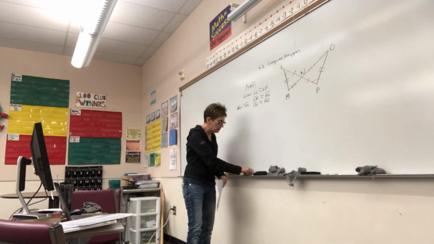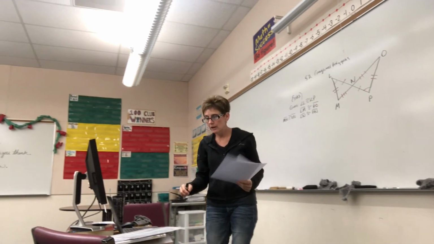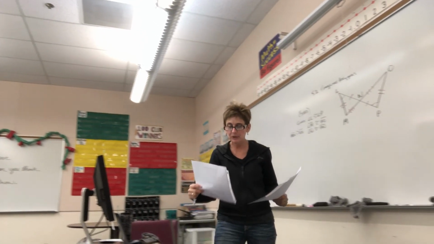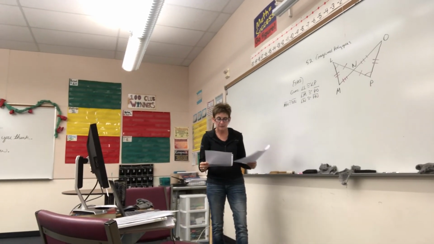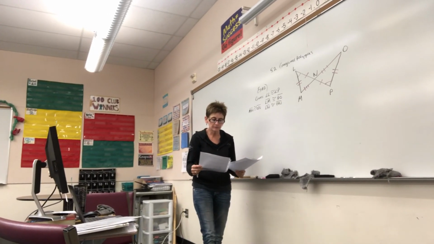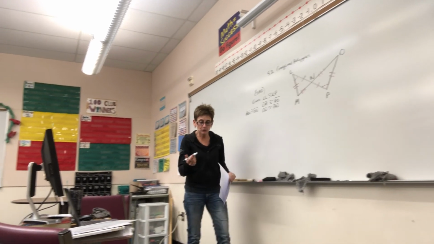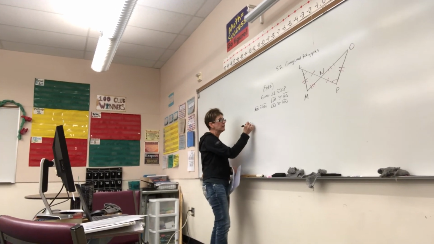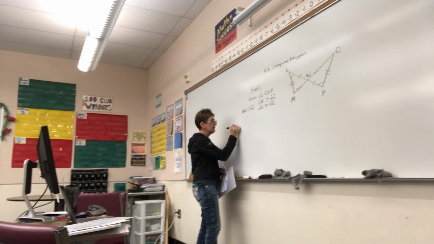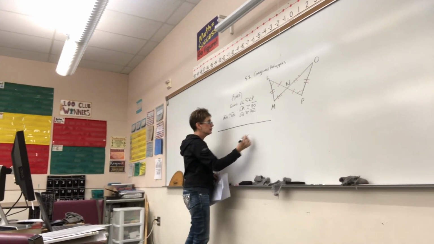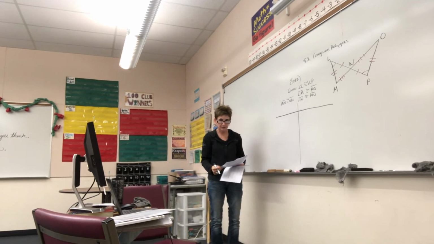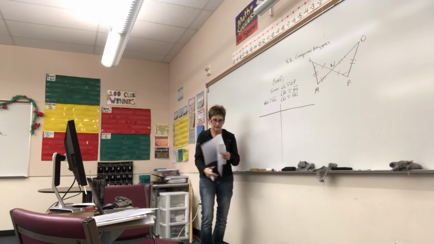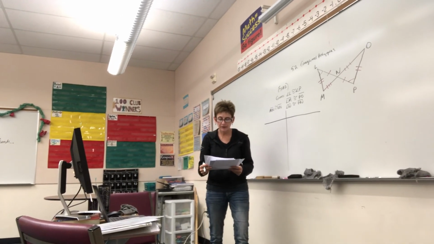Now, those of you that have your document titled 5 Steps to Setting Up a 2-Column Proof, go ahead and read what it says for statement 1. The first thing you do when you're writing a 2-column proof is you draw a lowercase t. So you draw a big T on your paper, the letter T. That says the information next to step 1.